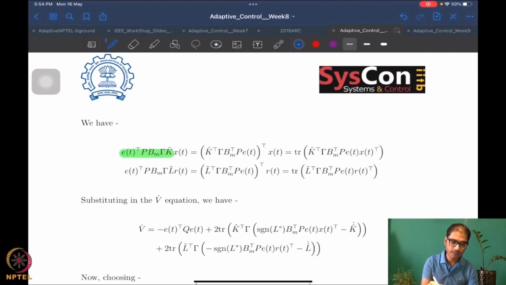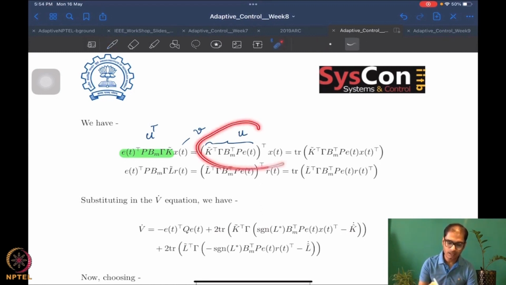I think of it as my U transpose, and this is V. So this is of course U, because I took the transpose, and that's V. I know that the inner product here is the same as the trace of the outer product, which is U V transpose.